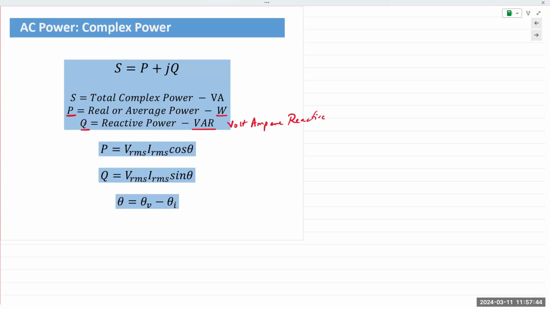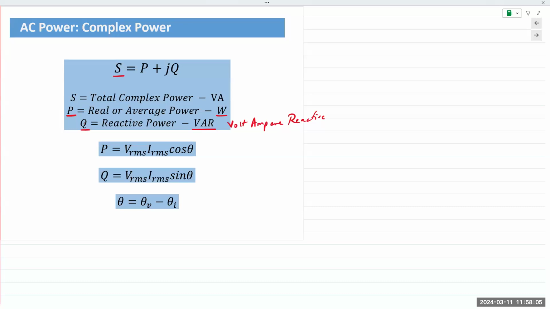Because we are placing a distinction between reactive power and real power and representing it mathematically using the imaginary number, when you add up the real and the reactive power, you get a complex quantity noted by the letter S, and that complex quantity is the total complex power.